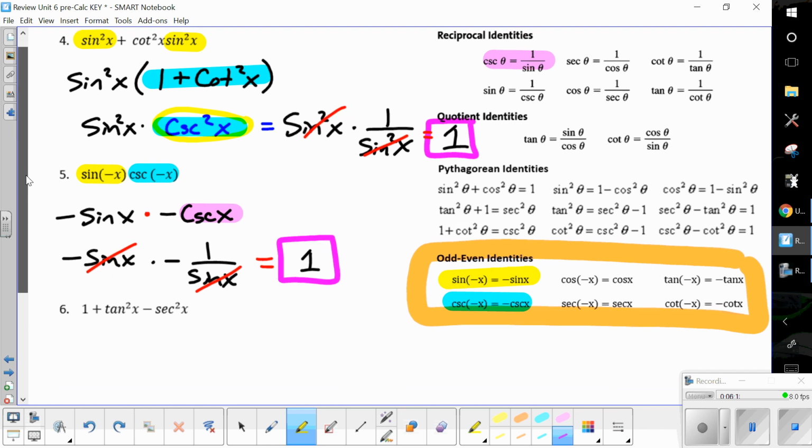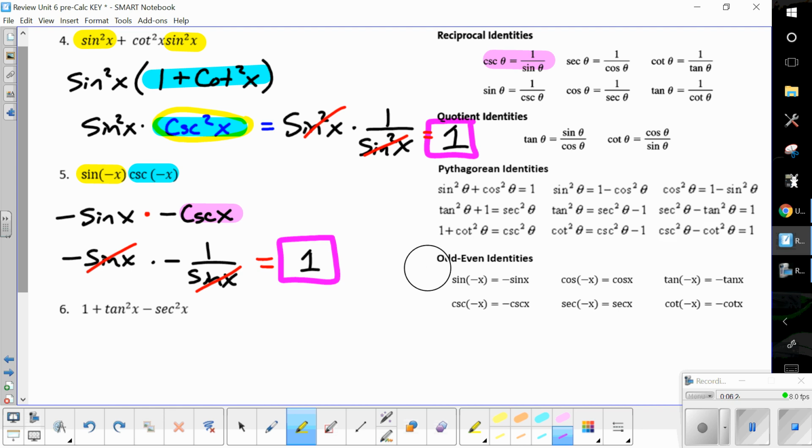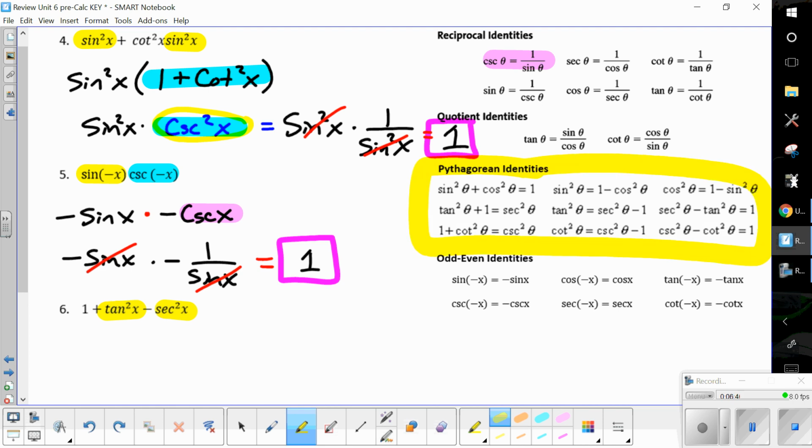Okay, last one. 1 plus tangent squared of x minus secant squared of x. I have a couple options here. I do notice that when I see these squareds like this, I'm probably going to focus on these Pythagorean identities. And this one's kind of interesting.